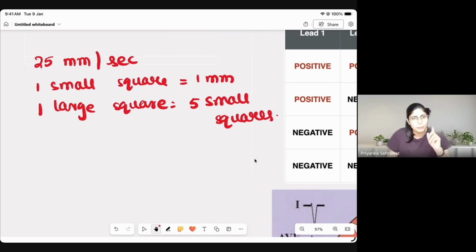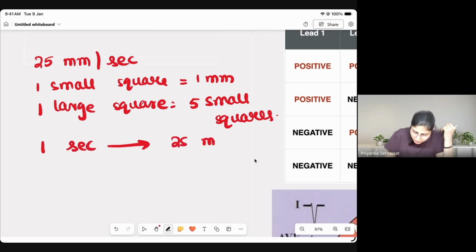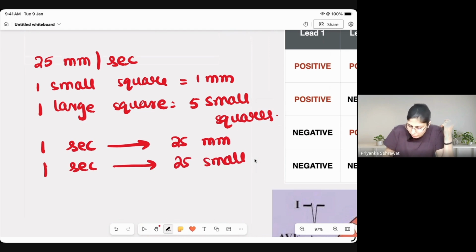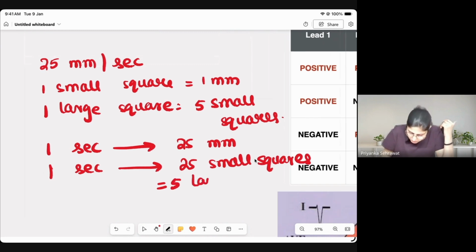We know the speed of an ECG paper is 25 millimeters per second, one small square is 1 millimeter, and one large square consists of 5 small squares. Right? इतना हमें हमेशा याद रहेगा. Now, how to figure out the seconds or the timing? If in 1 second we are getting 25 millimeters, which means in 1 second we are getting 25 small squares. हमारे पेपर की कितना पार्ट जा रहा है? 25 small squares, which constitutes around 5 large squares.